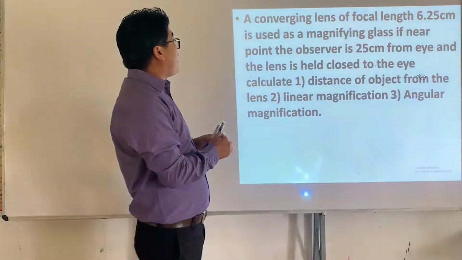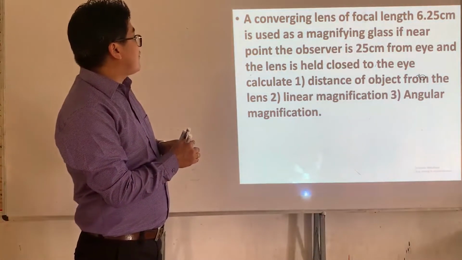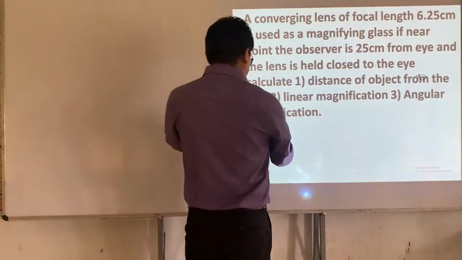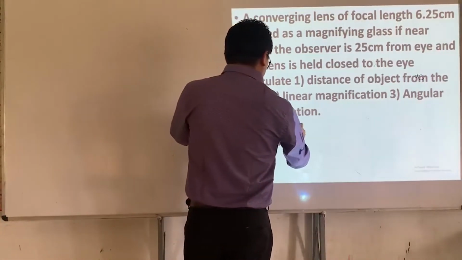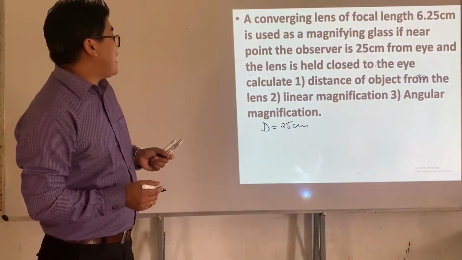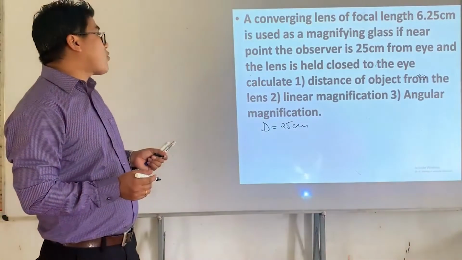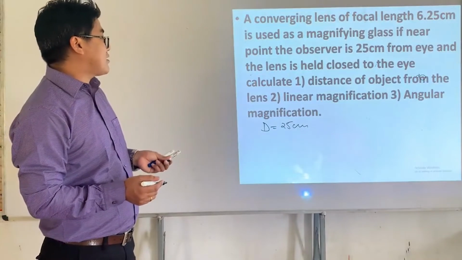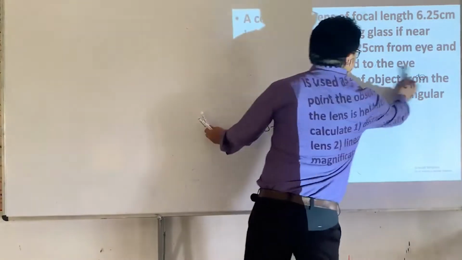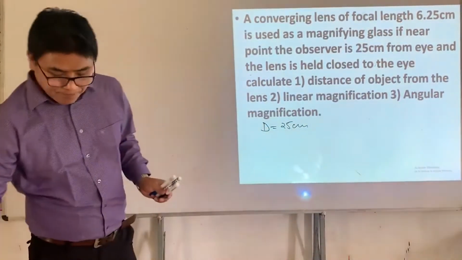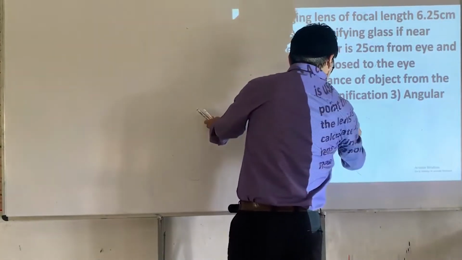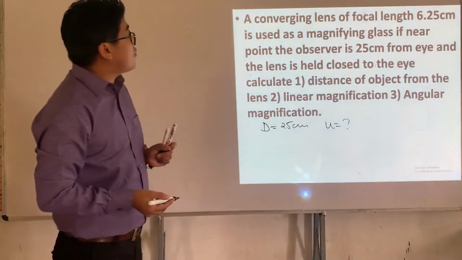The near point of the observer is 25 centimeters from the eye, and the lens is held close to the eye. Calculate the distance from the lens. You are asked to find U.